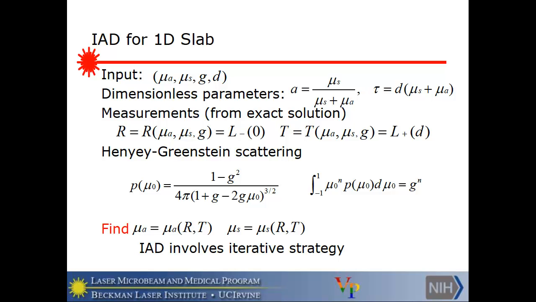You get measurements; you can take those from the exact solution because you know it, these two numbers. And you can, say, use Henyey-Greenstein scattering, if you like. The moments of the Henyey-Greenstein function are all powers of G. So once you know G, the first angular moment, you know all of the others. They're just powers of G. And then you can find mu A and mu S using the iteration strategy on the next slide.